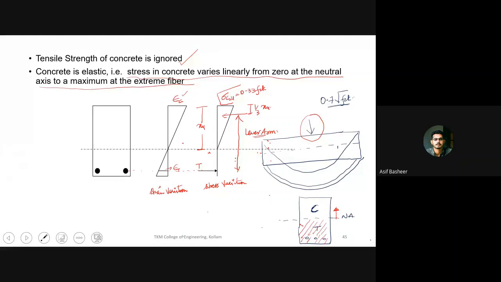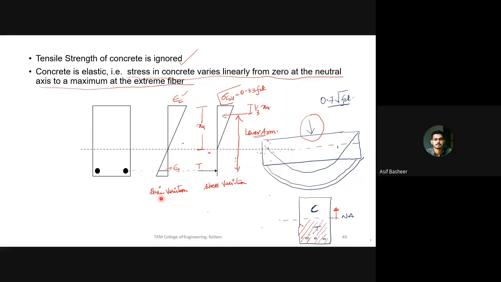You have the plane section remaining plane before and after bending, which means your strain variation is linear, and the strain is maximum at the compression side, that is epsilon C, and maximum at the tension side, which is taken by the reinforcement, epsilon T. So you get the linearly varying strain variation for WSM.